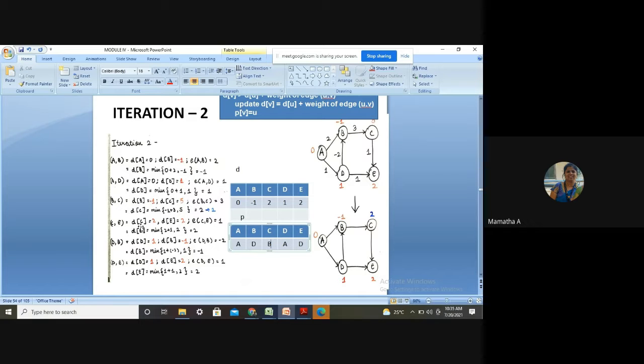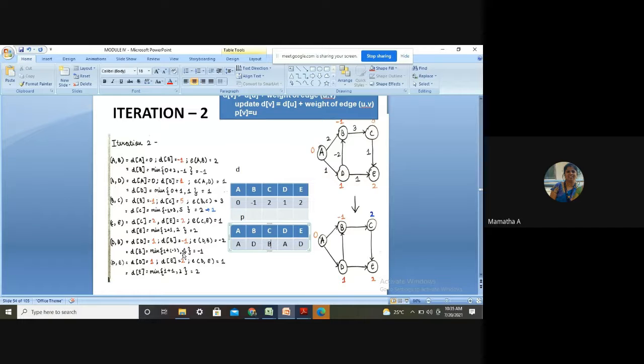Similarly, we have DC with respect to the edge C and E, and you can see D is 2. That is only the minimum, so no updation here. And you can also see with respect to the edge DB, DD is 1, DB equals -1. The edge has the weight -2. DB now becomes minimum of 1 minus 2 comma -1.